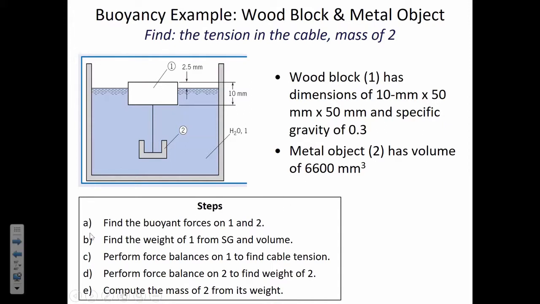First, since we know the submerged volume of the block and the submerged volume of the metal object, let's find the buoyant forces acting on both. And then go through a force balance on object 1 in order to work towards understanding the tension in the cable that connects them.